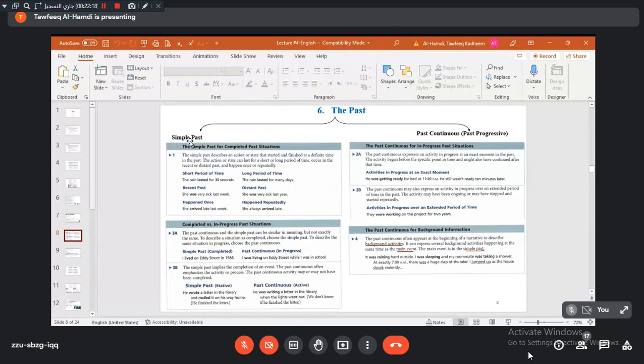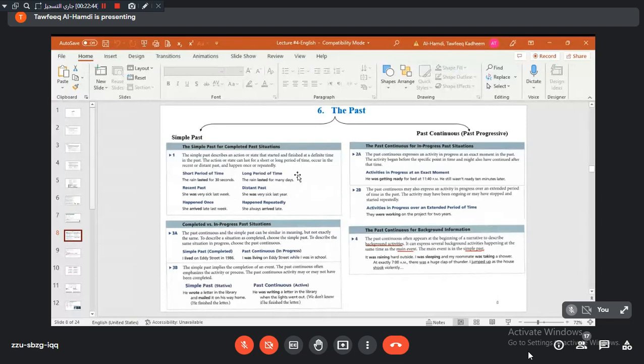When I'm talking about a completed past situation, I should use simple past. The simple past describes an action or state that started and finished at a definite time in the past.